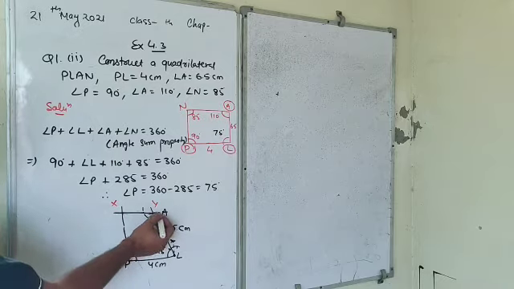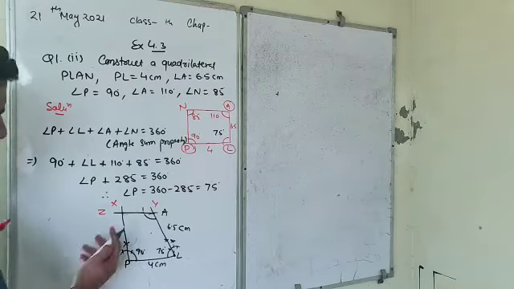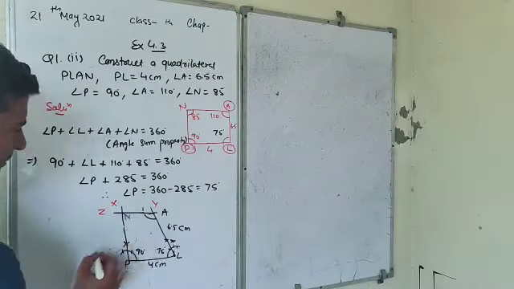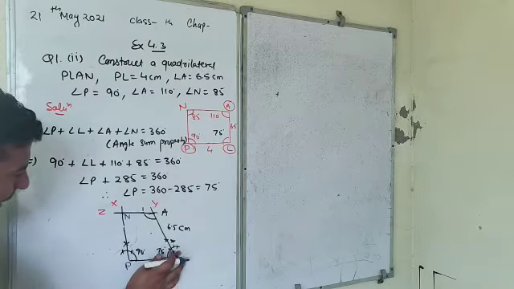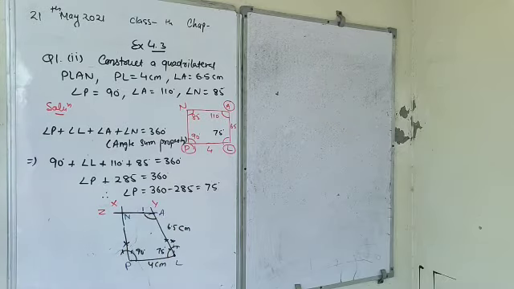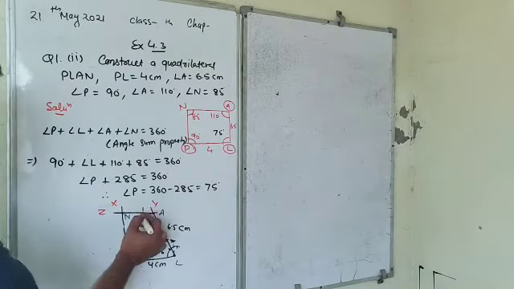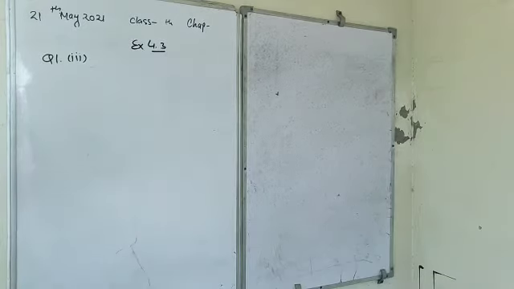Along AZ, that intersect at the point N. Okay, so now this is the PLAN, plan. So this is the required quadrilateral. This angle is given to be 110 degree. Okay, so this is your question number 1, part number 2.